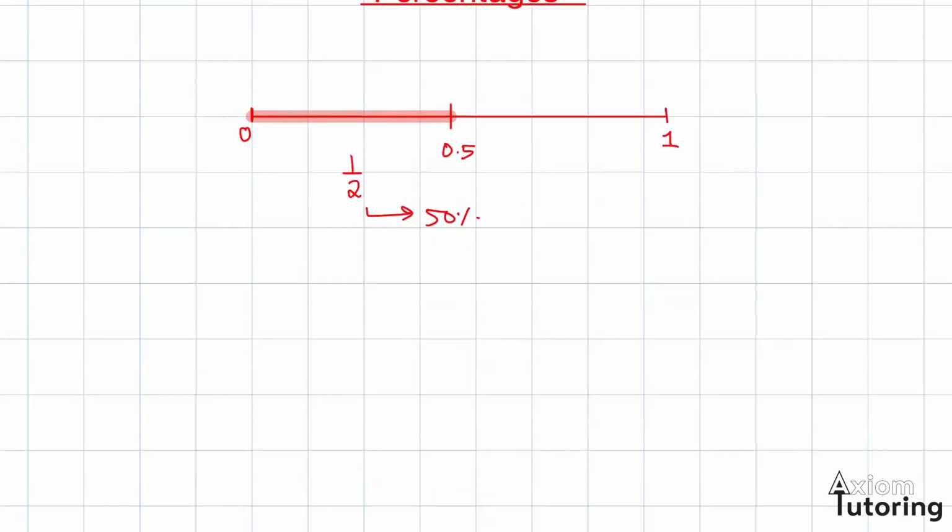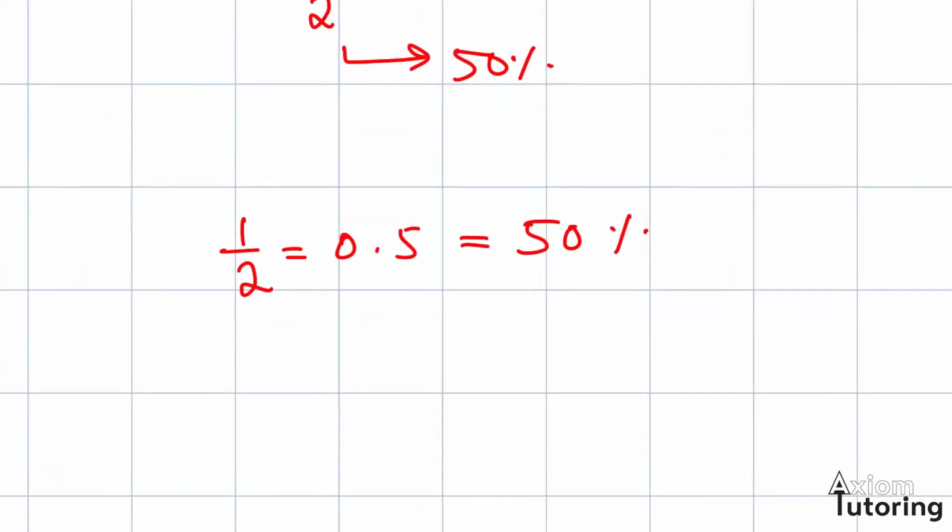Let's write those together. 1/2 equals 0.5 equals 50%. Well, let's focus on the part where we convert decimals to percentages, and then you'll see how easy it is to then turn those into fractions at a later point.